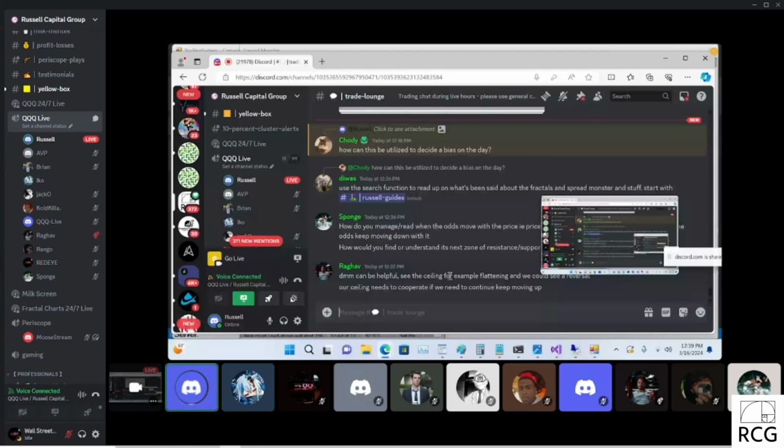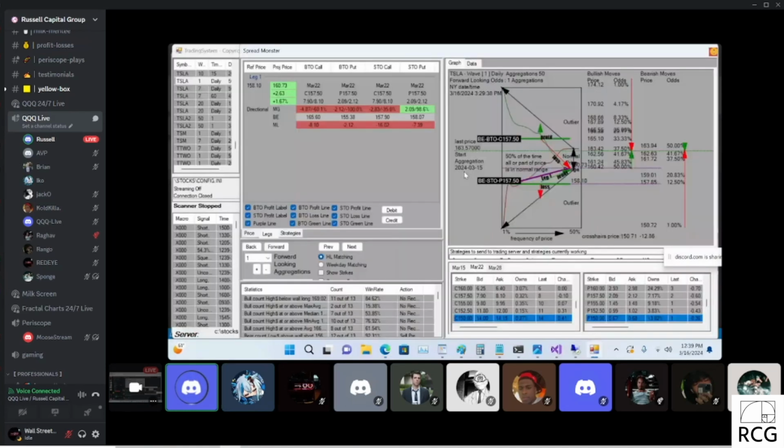Because the way the SpreadMonster is working, this contract data is in our database because it needs that. As you move up and down on the screen, it's moving through the contracts. So for that to all work, it has to be in the database.